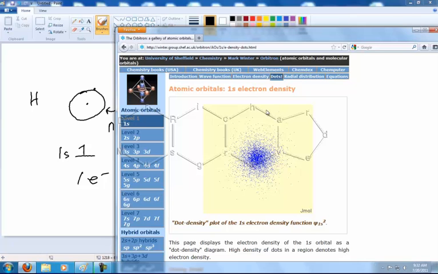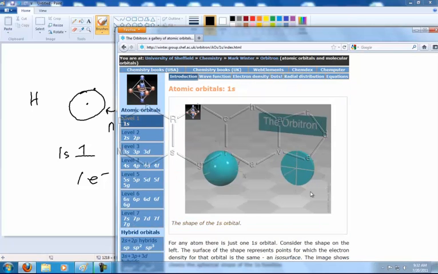But you can see the electron could be found as far out as here, not very often, but still could be. Now, the shape of this area is spherical, and it would look like this. So this is the region where we could expect to possibly find that 1s electron, in this shape right here.